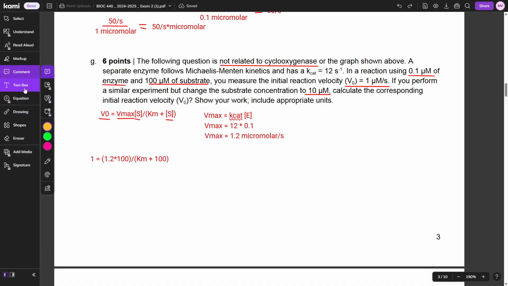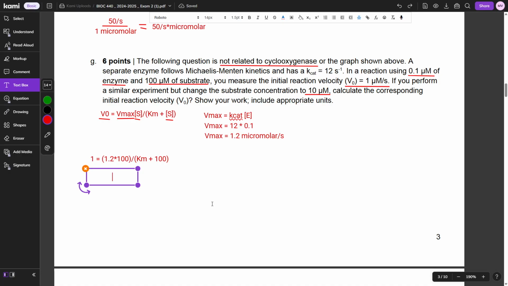So it's going to be Km plus 100 equals 1.2 times 100. Are we seeing how I got that? All I'm doing is multiplying both sides by the Km plus 100.